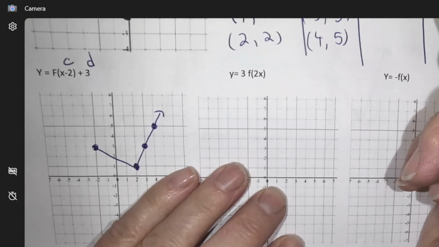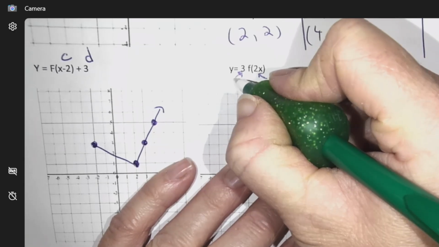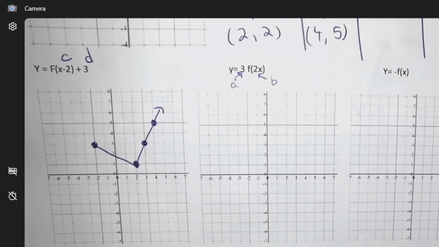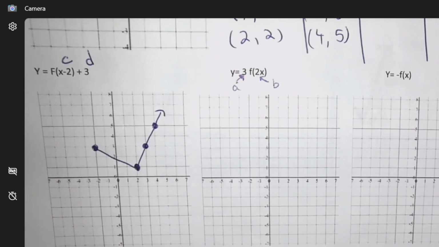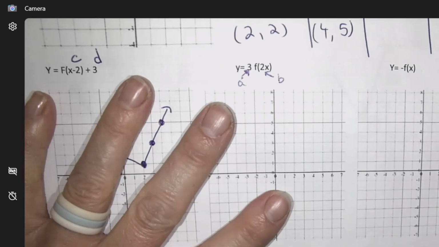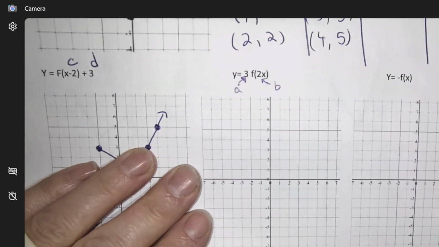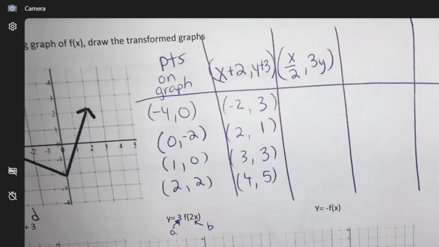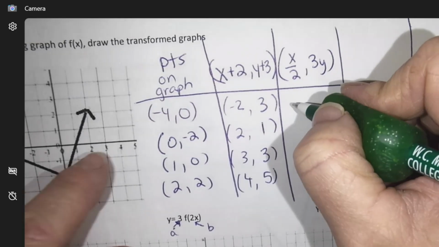Okay, number 2, we're going to identify the ABCD letters. So this time we have an AB. Did you do X divide by 2? And a 3Y. Do all X's quick and then do all Y's.